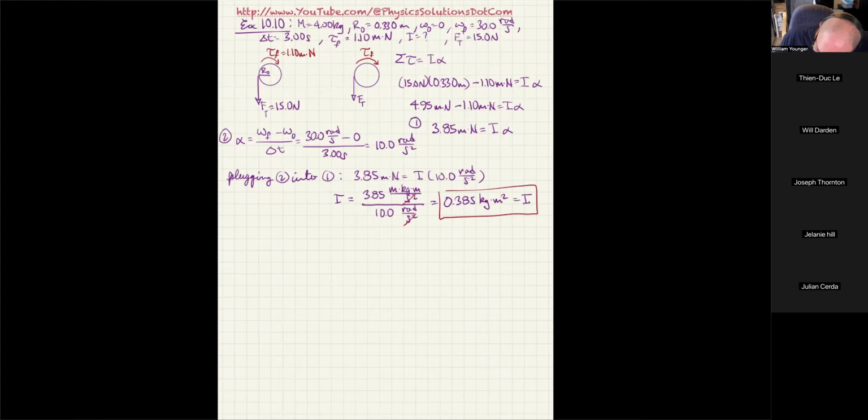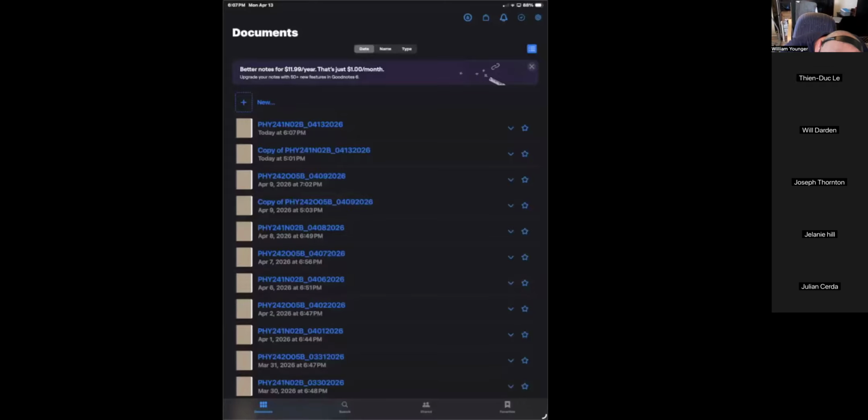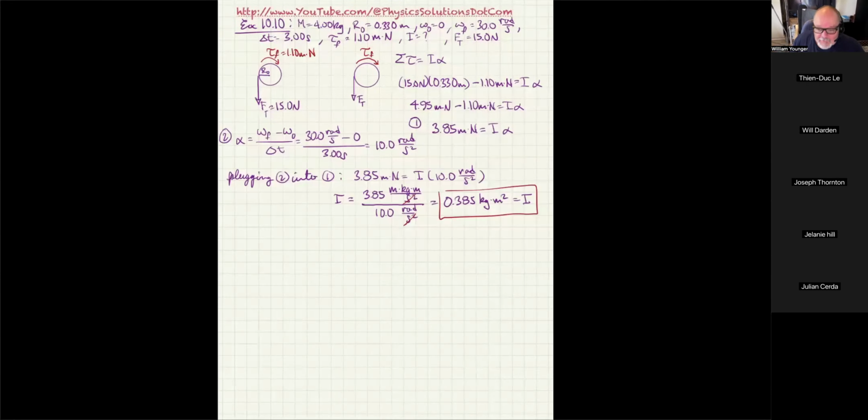Now, if this is truly a cylinder, oops, sorry about that. If this is truly a flat cylinder, then I should be 1/2 mr squared. If I compute that, I get 1/2 times 4.00 kilograms. Remember, I told you we didn't really need the 4 kilograms, but if we wanted to compare the moment of inertia, we would need the mass of it.